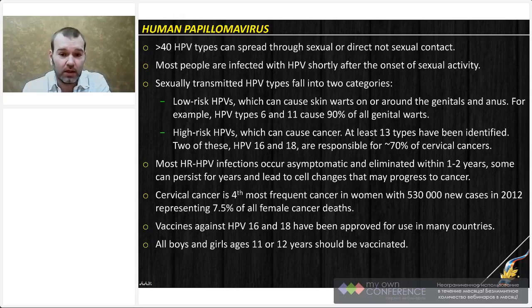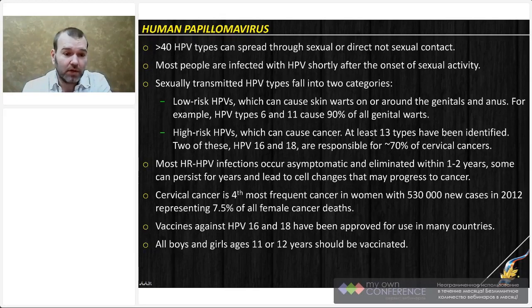It is a skin lesion, a type of overgrowth of skin, usually identified around the genital or anal area, and there are two major types, HPV-6 and HPV-11, which are responsible for more than 90% of all genital warts.